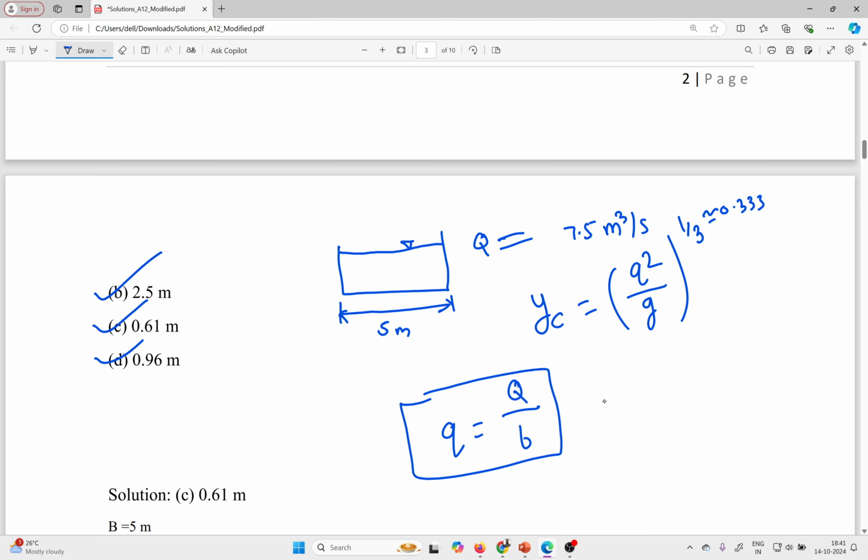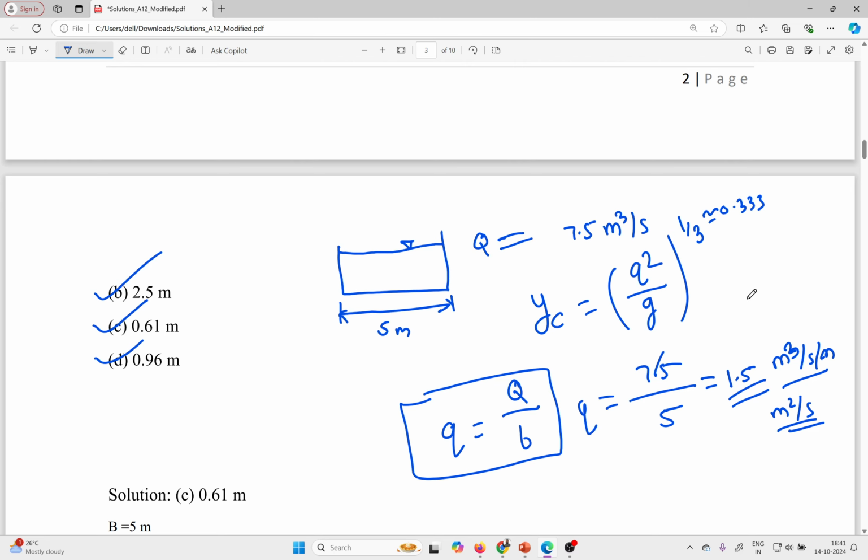This is the formula. So small q is equal to 7.5 divided by 5. It will come around 1.5 meter cube per second per meter, right? Or you can say meter square per second.